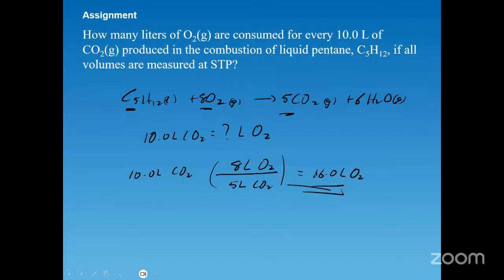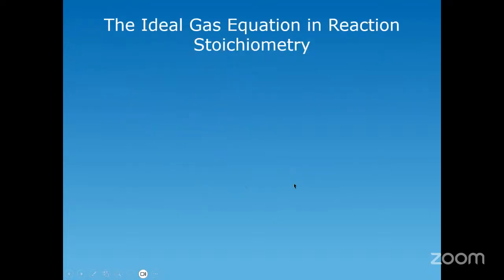Okay, any questions about this one? All right, so let's move on now to a situation where the temperature and pressure are not the same. Now things are going to be a bit more complicated than what we just saw earlier. And in order for us to deal with these more complicated situations, more than likely you'd have to employ the ideal gas equation.